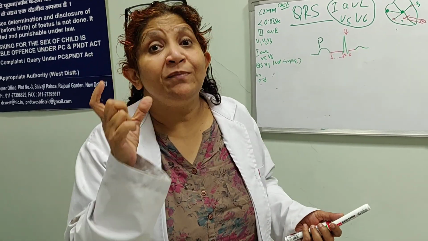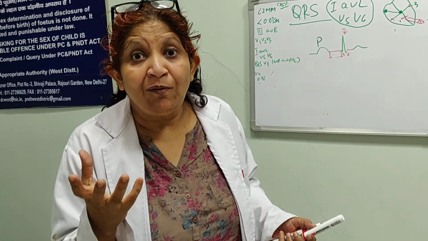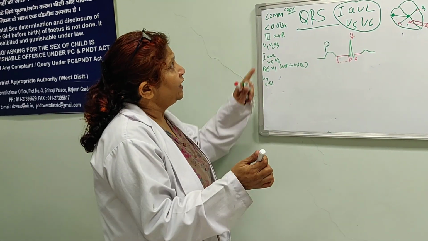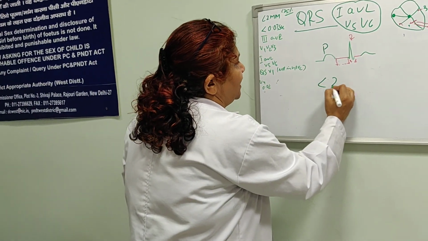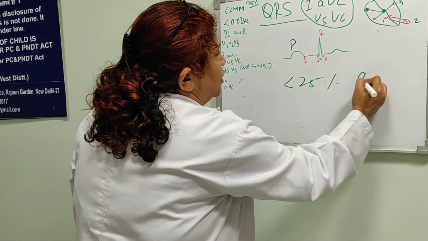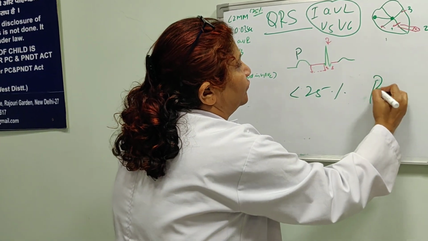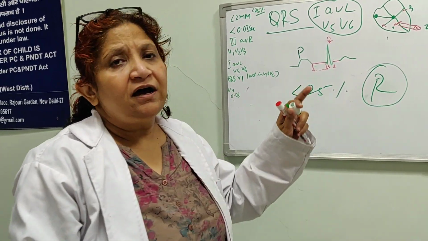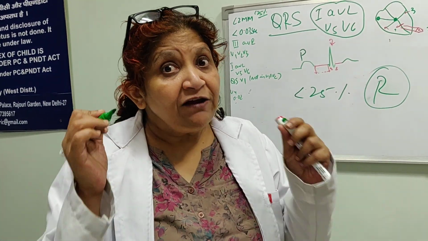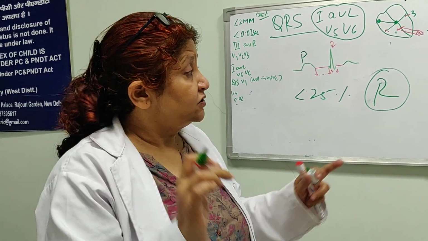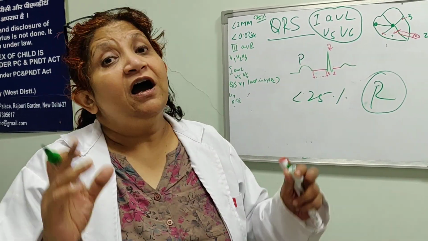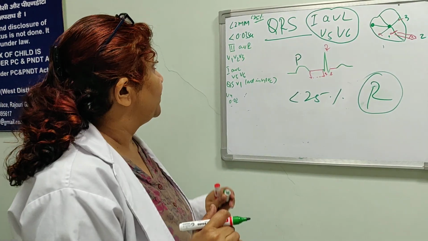But how much is normal? Normally the Q wave should be less than 25% of the succeeding R wave. So the Q wave should be less than 25% of the height of the succeeding R wave. This is a normal Q wave.